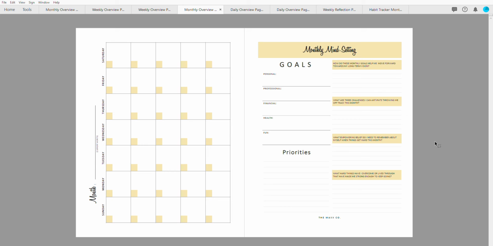How do these monthly goals help me move forward towards my long-term vision? And I understand in the 4-month tool, we don't have as much opportunity to really think about or cast our long-term vision.